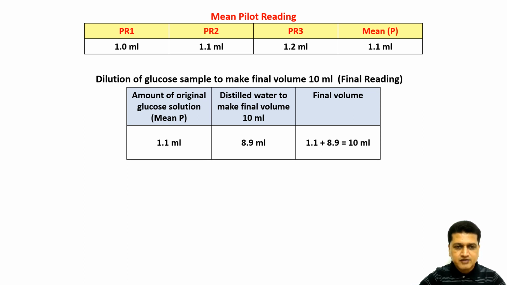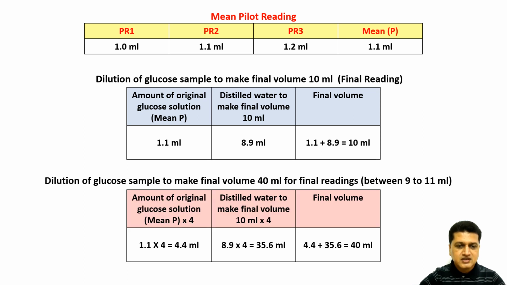Since we have to take 3 final readings, we need at least 30 ml diluted glucose solution. Looking to the chance of error and repetition of final readings, we should prepare at least 40 ml diluted glucose solution, that is enough to take 4 final readings.